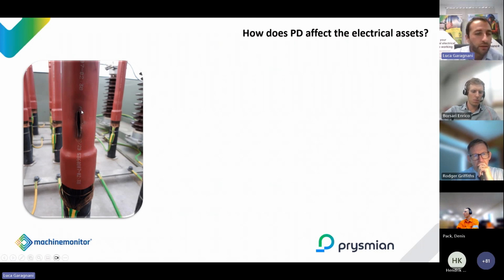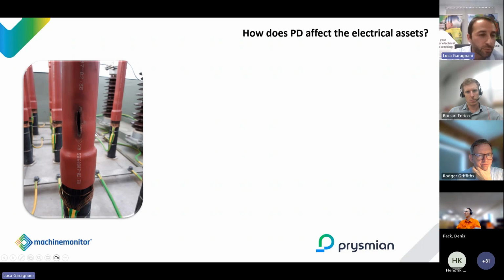Maybe they forgot to put it, or they didn't put enough material, or they accidentally left an empty space, and that will trigger a constant discharge on the surface of the XLPE between the semicon and the XLPE. It will be there repetitively when the cable is energized. Obviously, this discharge is not going to fail the system immediately, but it will fail the system eventually. And you can see the consequences.